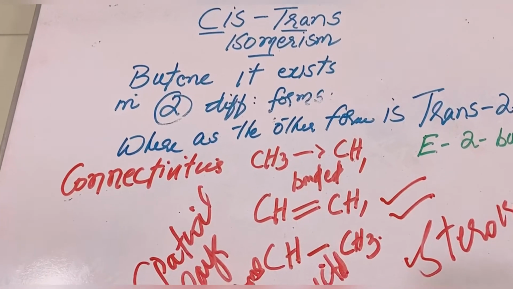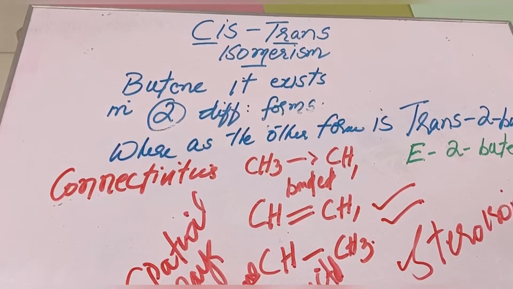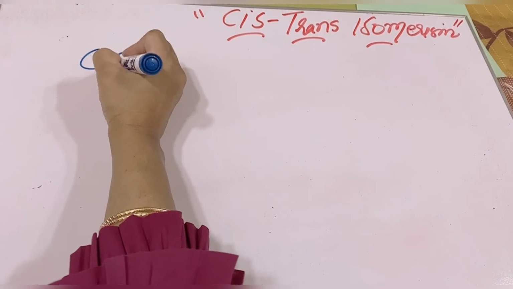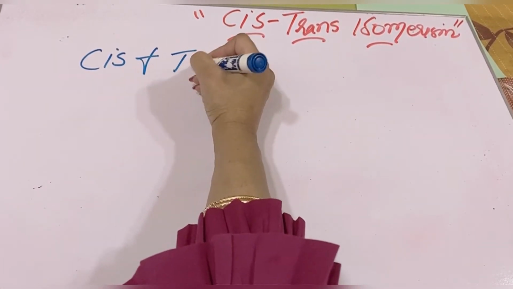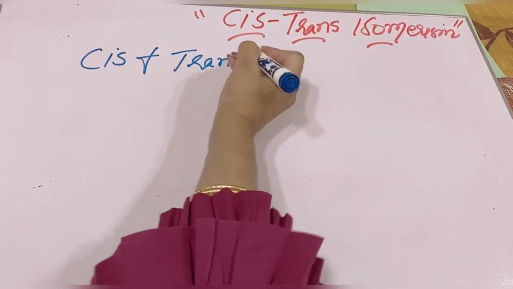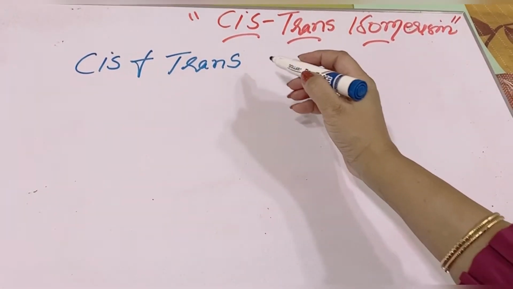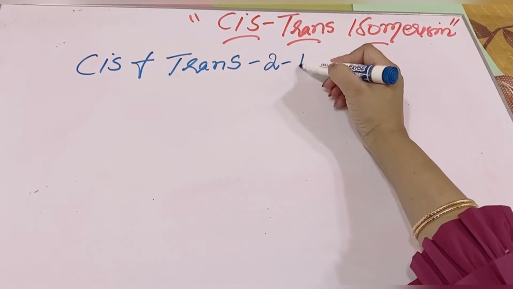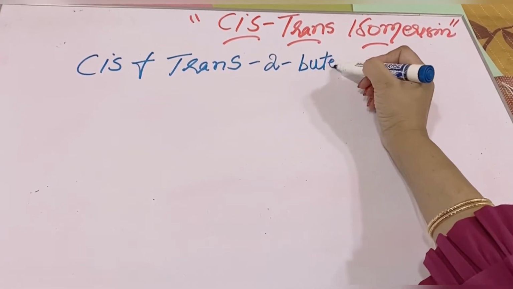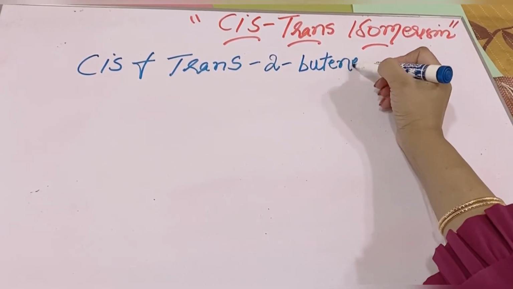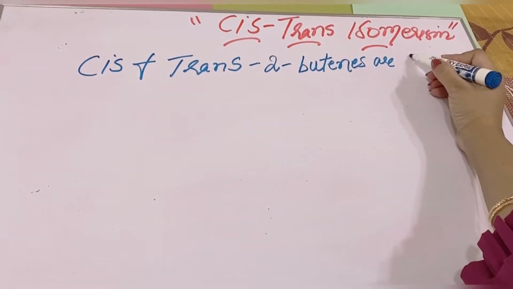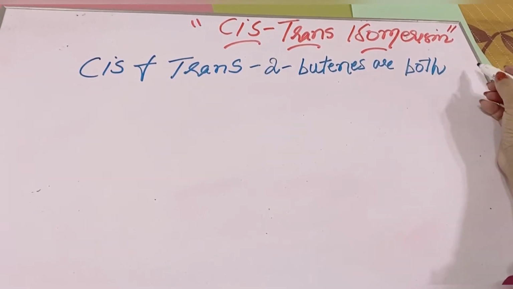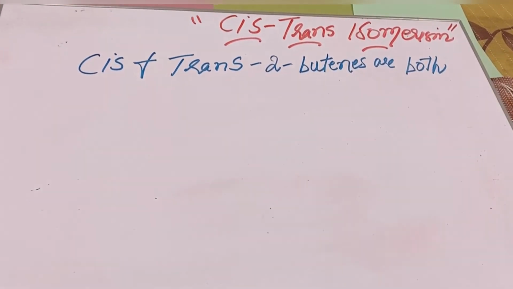So now we can see that cis and trans-2-butene are both stereoisomers.